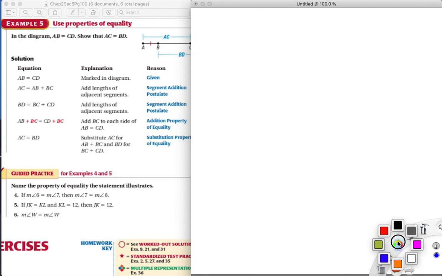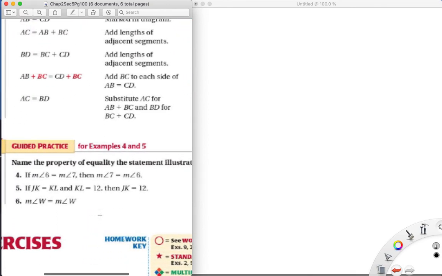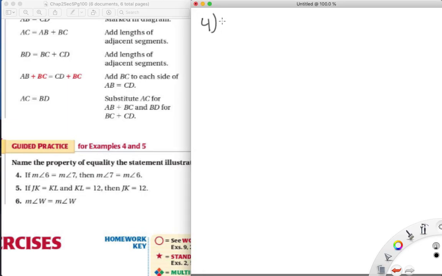Number 4 asks us to name the property of equality. This one says if 6 is equal to 7 and 7 is equal to 6, that's a symmetric property.